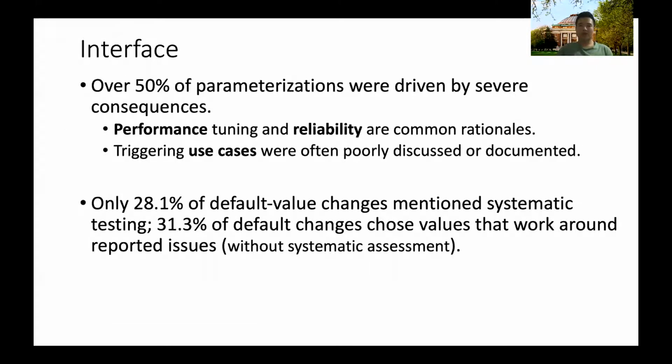Due to the time limit, I'll briefly go through some of the findings in the paper. For the interface, we find that over 50% of parameterizations were driven by severe consequences, and performance tuning and reliability are common rationales. However, we find that triggering use cases were often poorly discussed or documented.